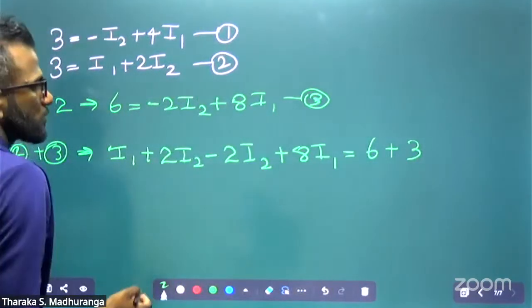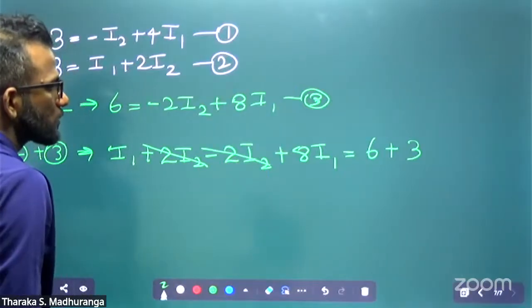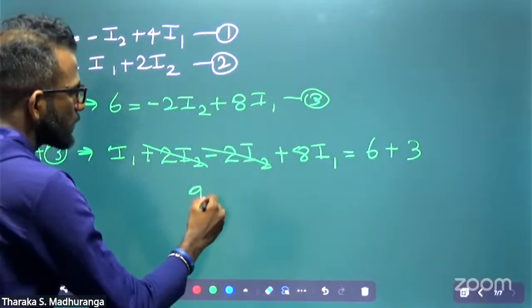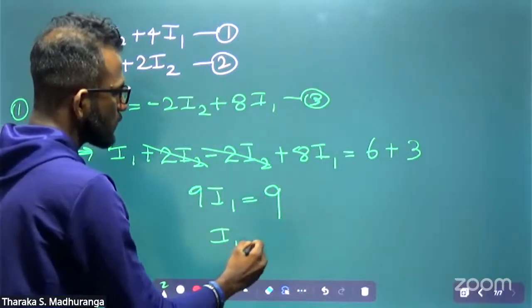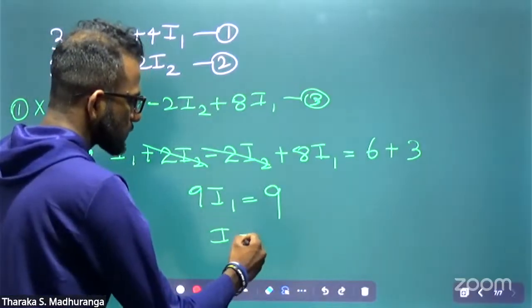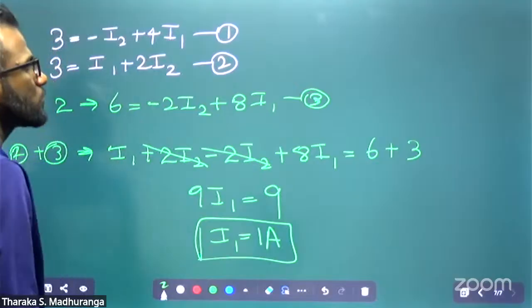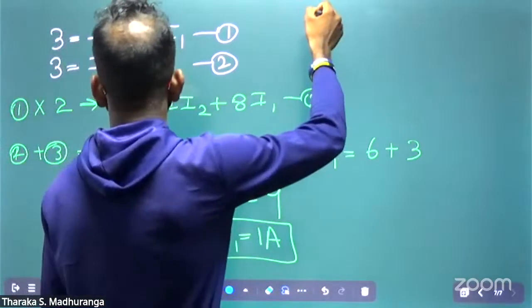Now the I2 and minus I2 cancel out. I1 plus 8I1, 9I1, equals 9. I1 equals 1. I1 equals 1 ampere. Then you can get the I2.